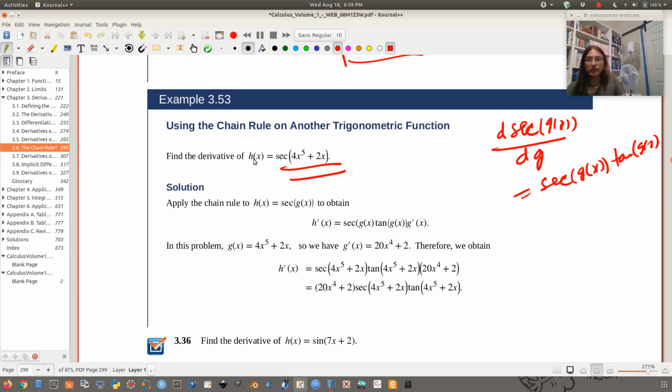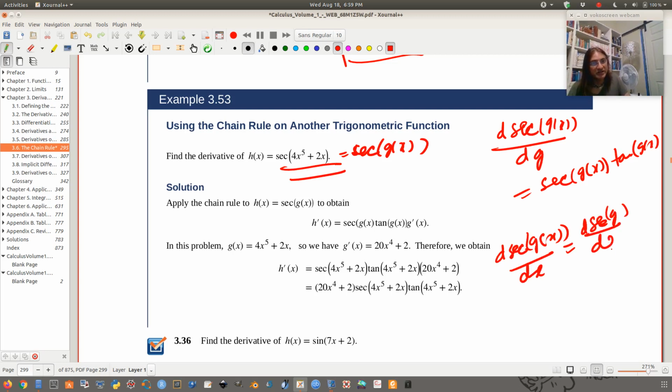And then if you have to do dh, which is secant of g of x, the derivative of secant of g of x with respect to x is derivative of secant of g over dg times dg over dx.